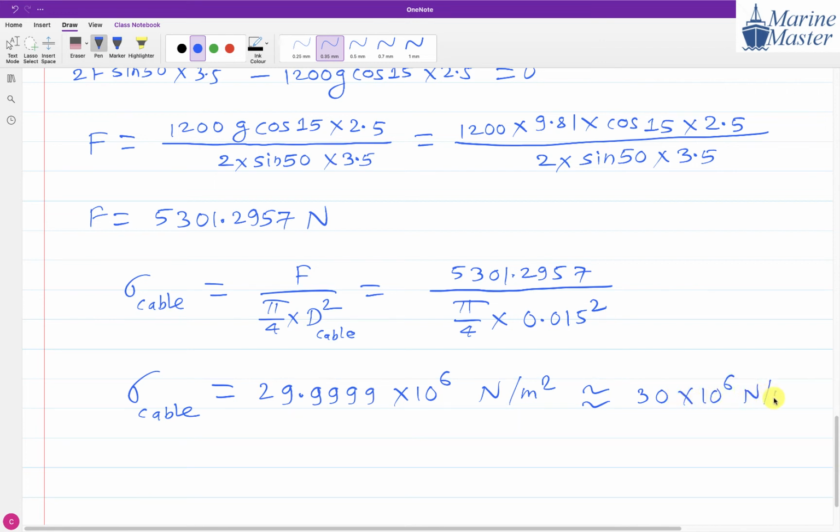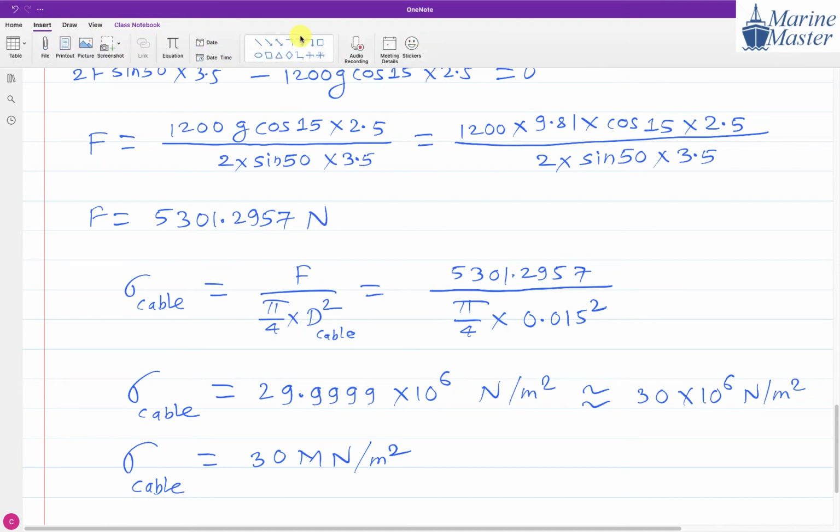Newton per meter square, and 10 raised to the power 6 means what? Mega. See, kilo means 10 raised to the power 3, and mega means 10 raised to the power 6. So stress in each cable will become 30 mega Newton per meter square.